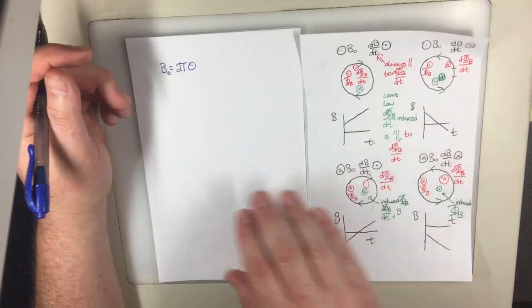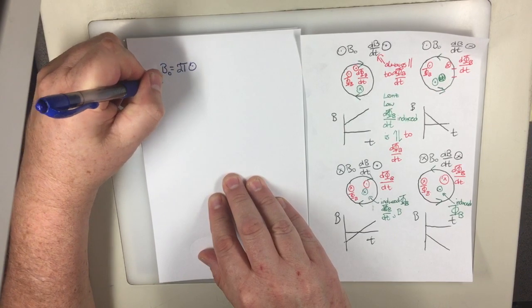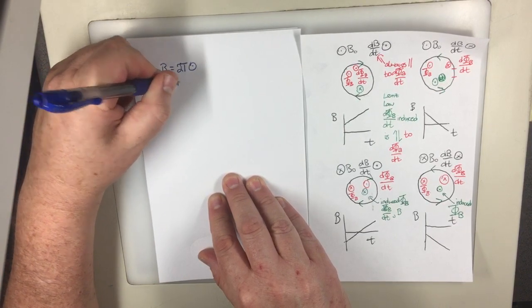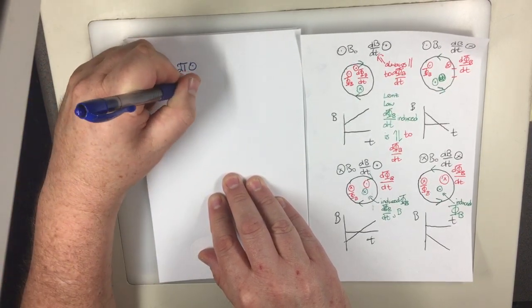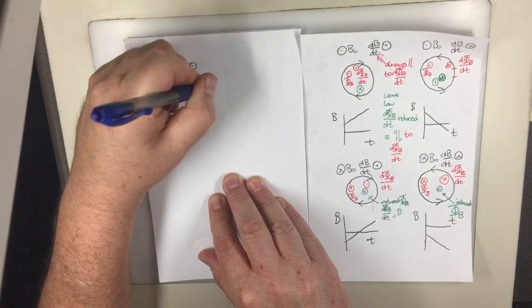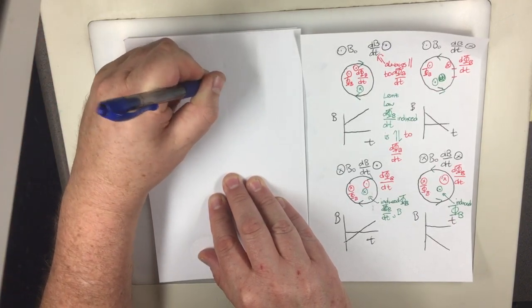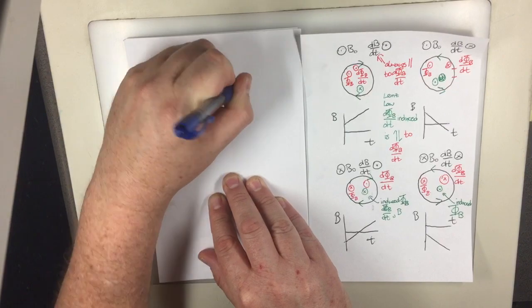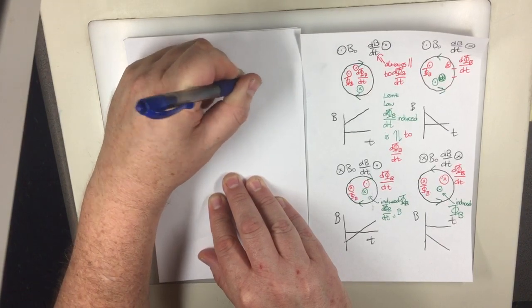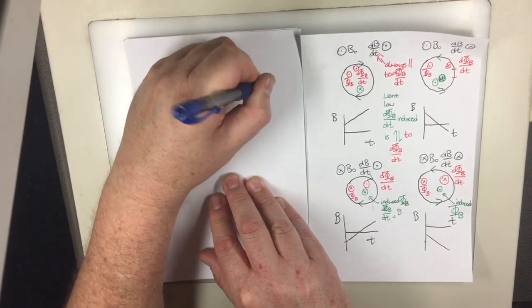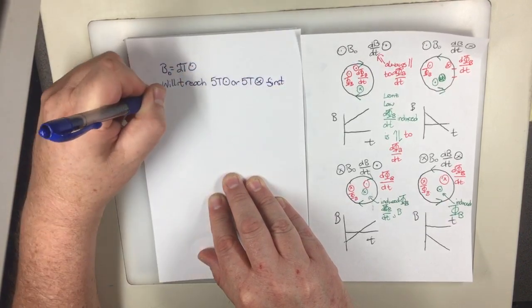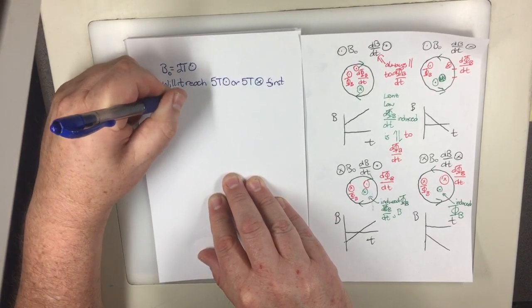And the real question is, will the B field reach 5 Tesla out or 5 Tesla in first, and when? So that's the question.